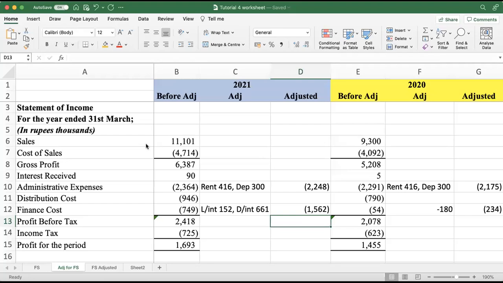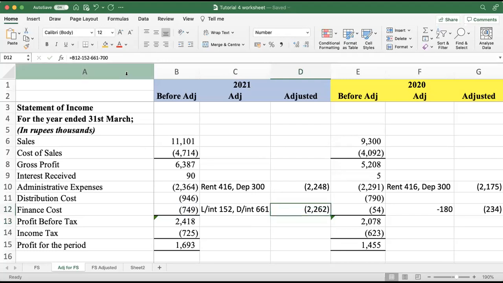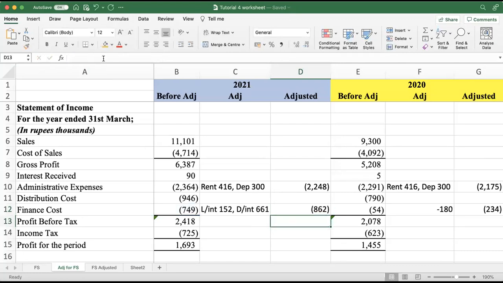Therefore, deduct 700 from finance cost. So finance cost adjusted value, 862.